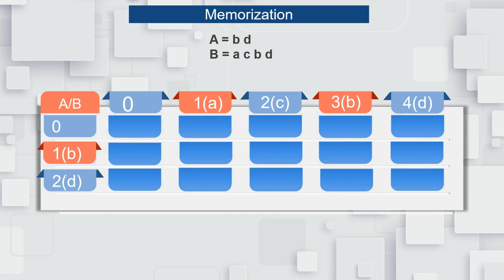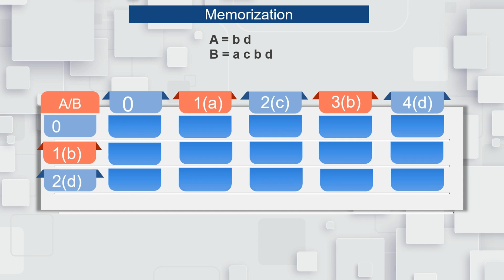Let's take two sequences A and B. Here we took a matrix that has columns equal to the length of B and rows equal to the length of A. Let's assume in the 0 index the length of both A and B are 0. So at 1, 0 index, A has a length of 1 and B has a length of 0.